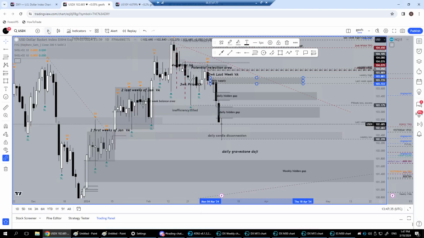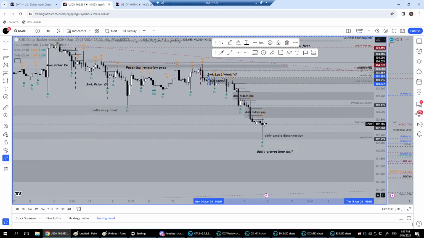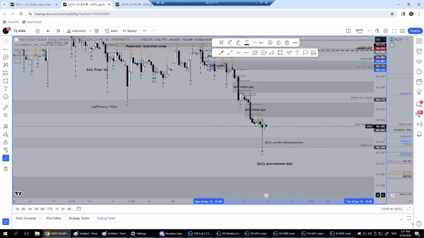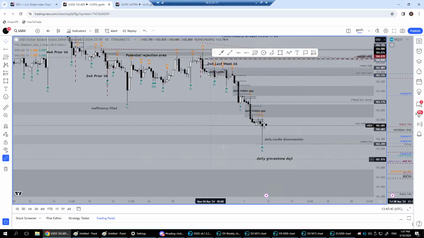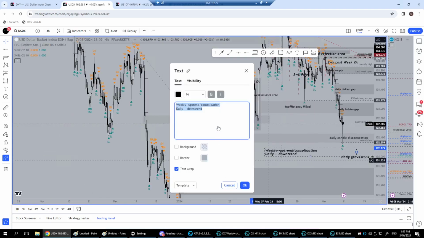So for our, what do we notice? 4 hours in a downtrend. So what's the downtrend?